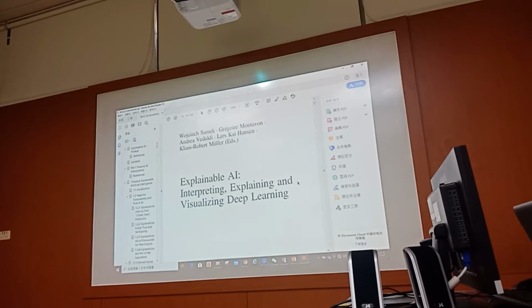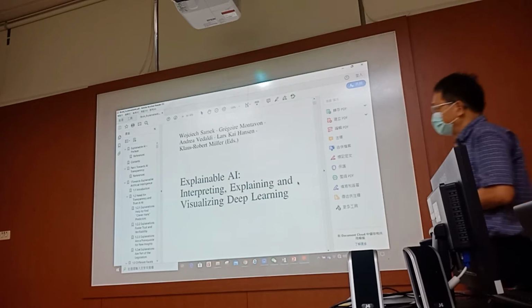Expert system versus traditional system, the difference is the expert system can do explanation. Now there are many different kinds of neural networks, CNN, RNN, and some reinforcement learning, and so on.